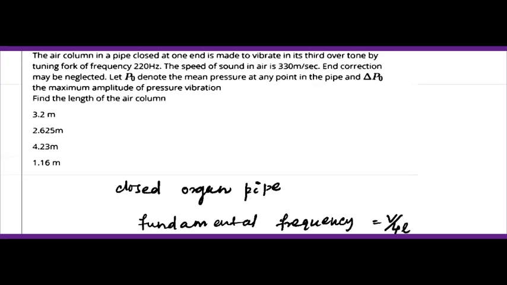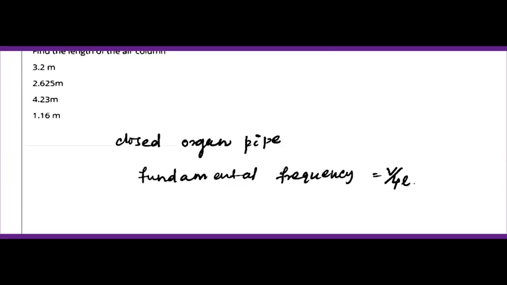But in case of open organ pipe, its fundamental frequency is V divided by 2L. In case of closed organ pipe, it is V divided by 4L, and only odd harmonics are present, like 3, 5, 7. Okay. Here in closed organ pipe, only odd harmonics are present.